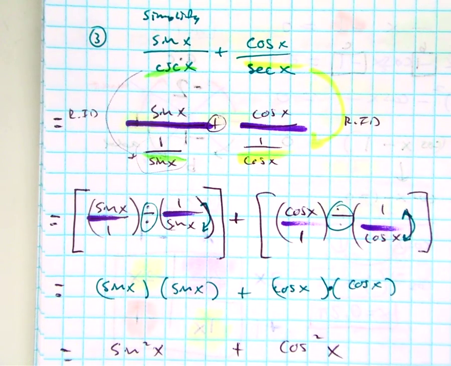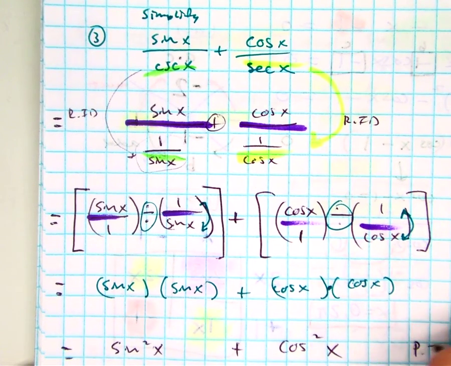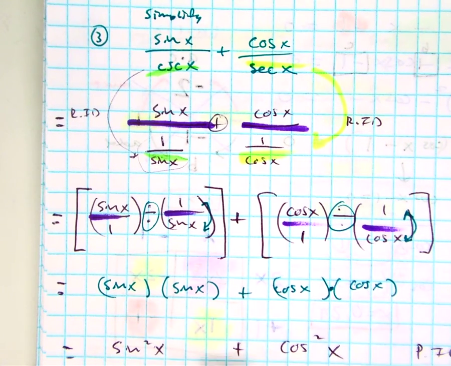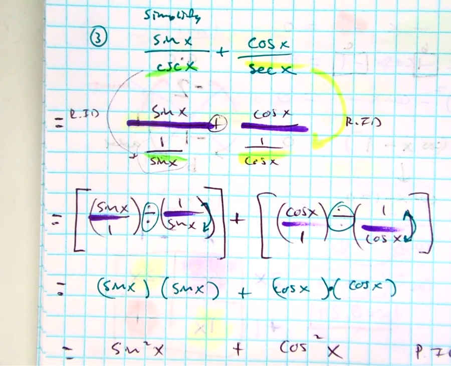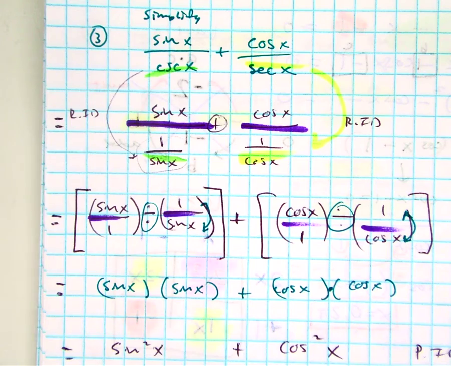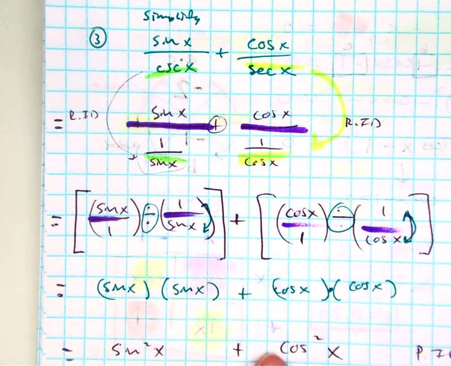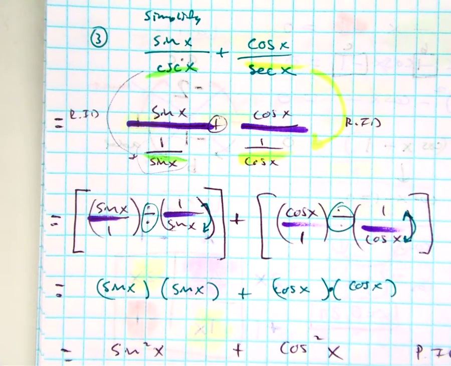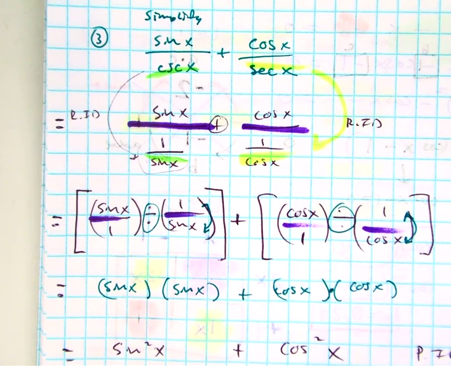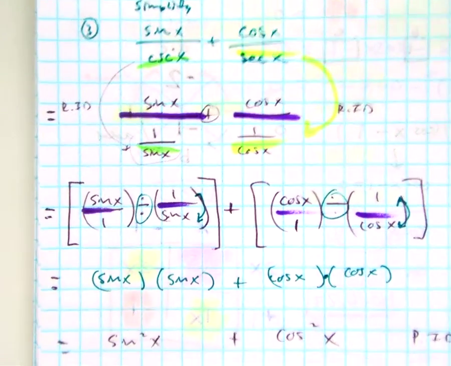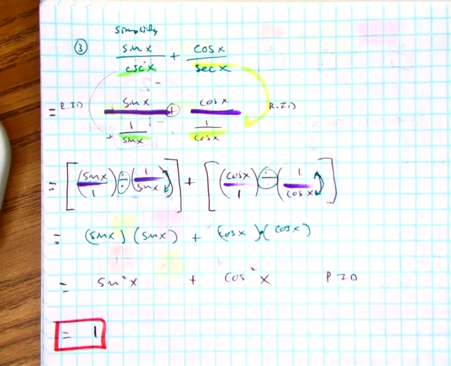Put your finger on the identity. On the count of 3, the answer is the Pythagorean identity. All of that is just equal to 1. Anytime you see sine squared x plus cosine squared x, you can write it equal to 1. And that's our answer for number 3.